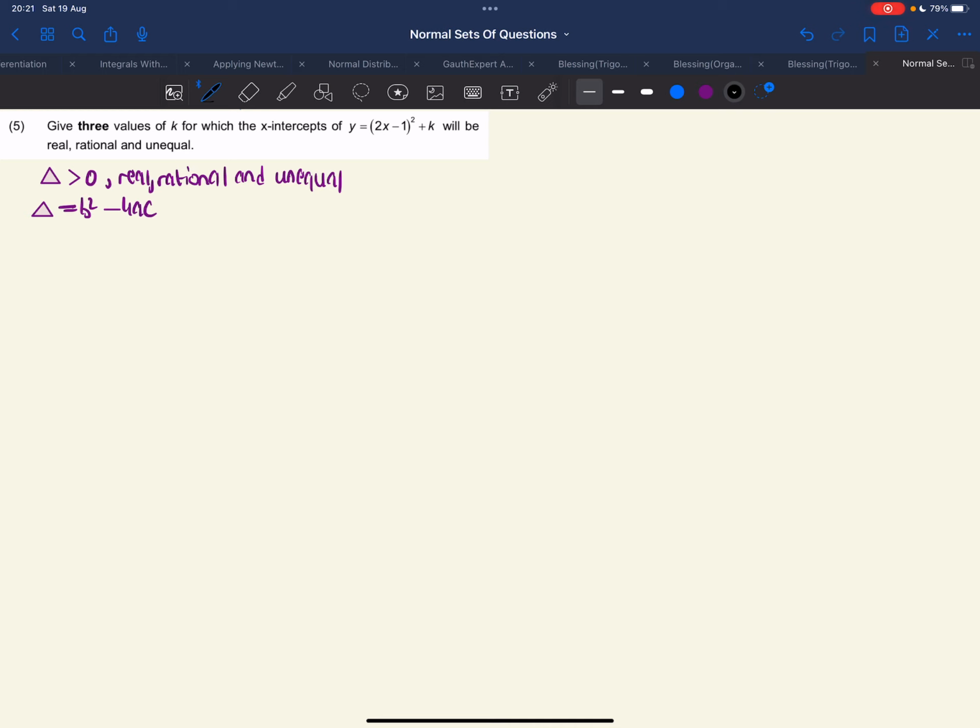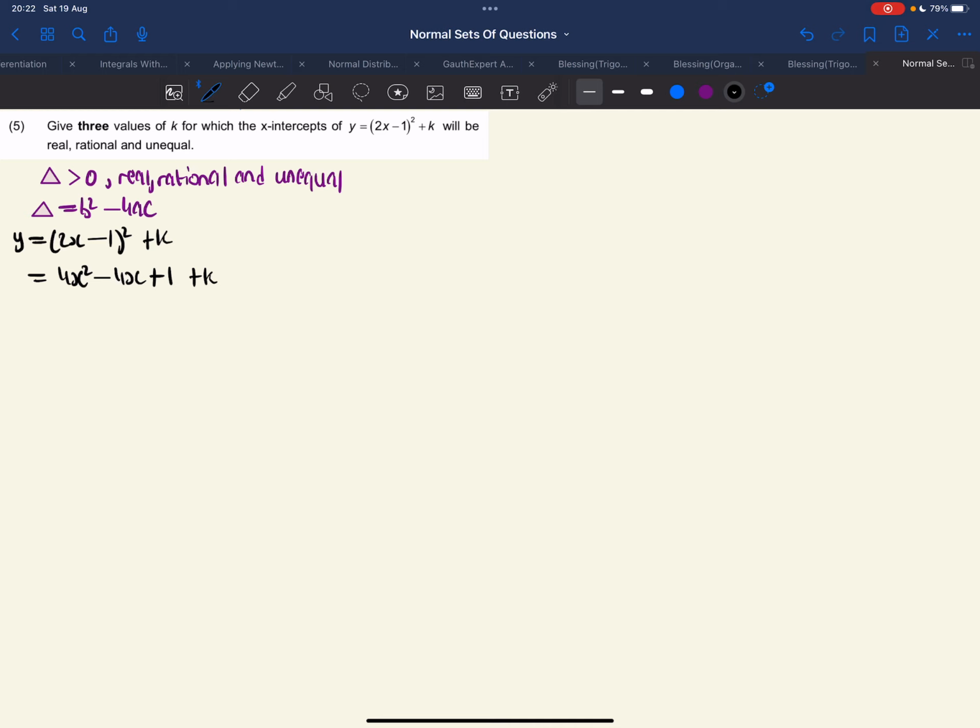The function is (2x - 1)² + k. If you expand that perfect square, you should get 4x² - 4x + 1 + k.